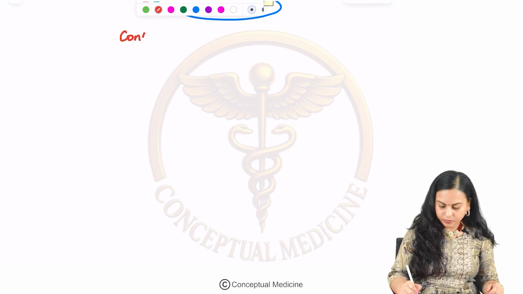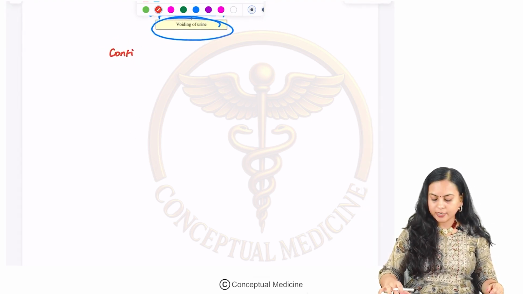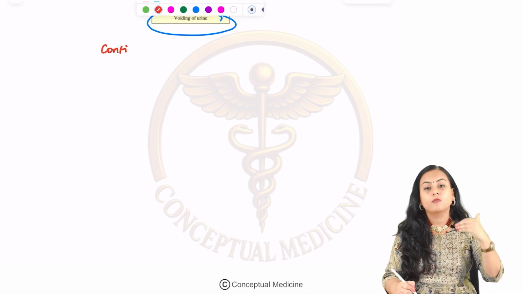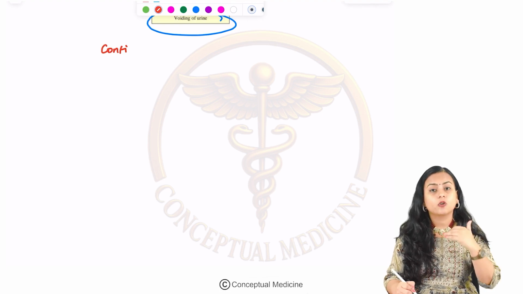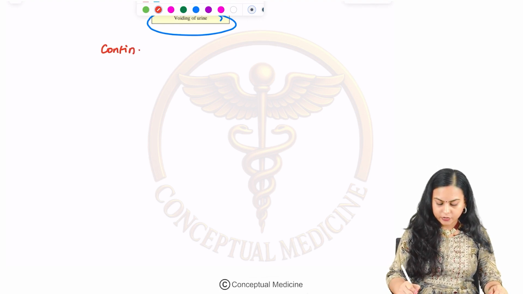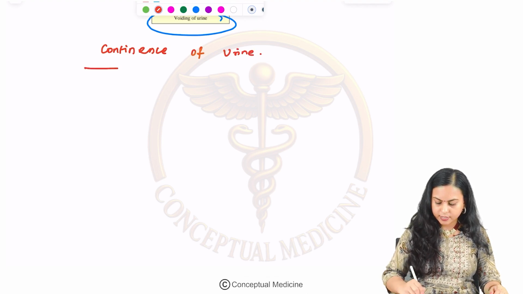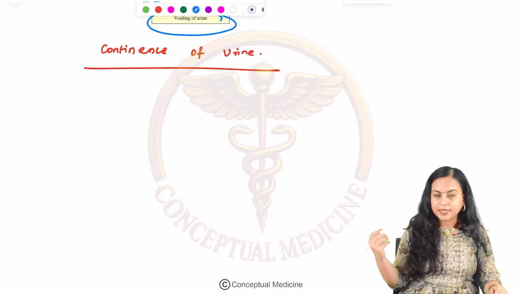Now, let me talk about continence. Let's leave incontinence aside. Let's first see what is important to maintain the continence of urine. Continence of urine is maintained by two main supports.